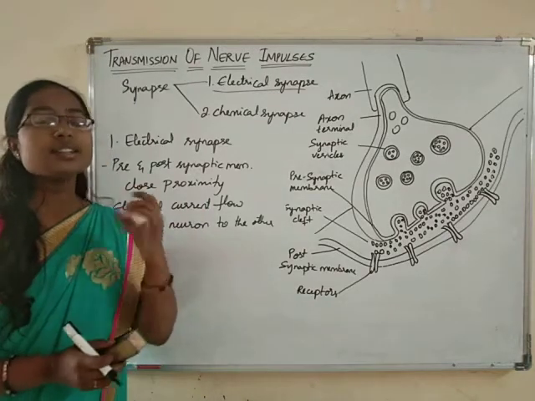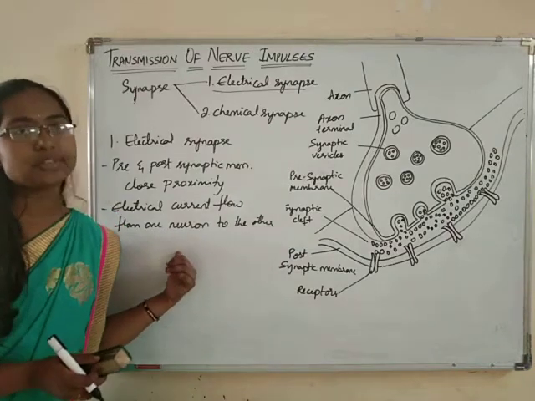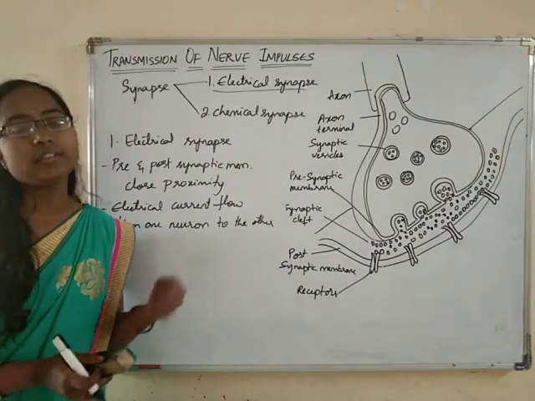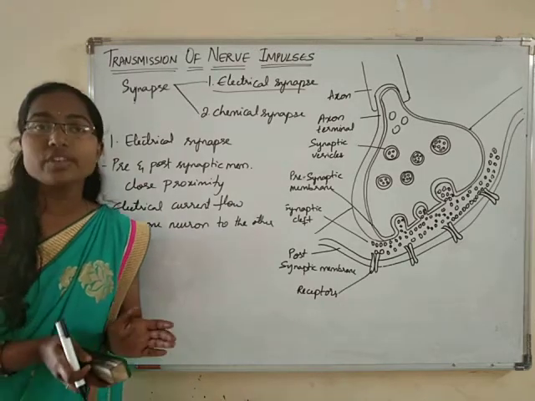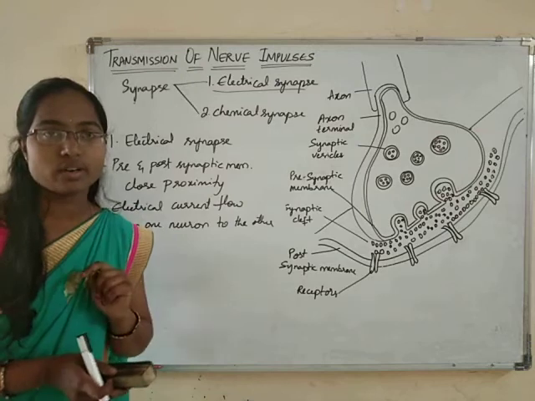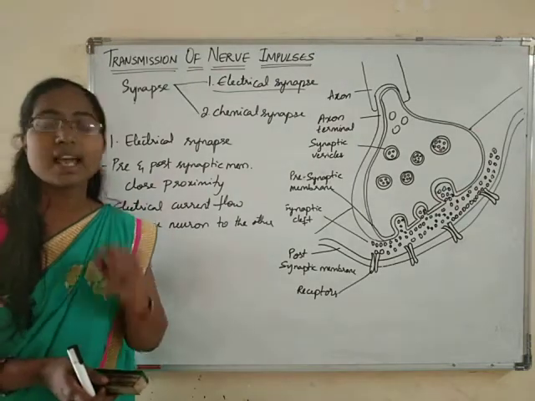And the transmission of the impulses in the electrical synapse is very much similar to the transmission of the impulses across the single axon. Students, we have already learned how the impulses are transmitted in the single axon.